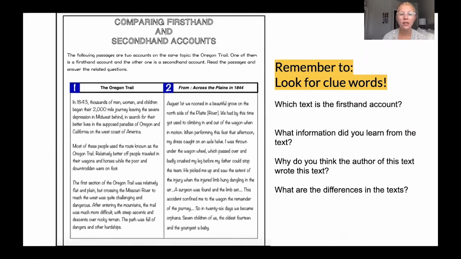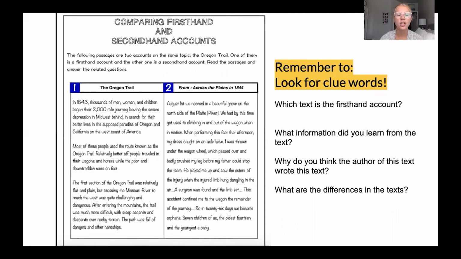In 1843, thousands of men, women, and children began their 2,000-mile journey, leaving the severe depression in the Midwest behind. In search for their better lives in the supposed paradise of Oregon and California on the west coast of America. Most of these people used the route known as Oregon Trail. Relatively better off people traveled in their wagons and horses, while the poor and downtrodden were on foot.